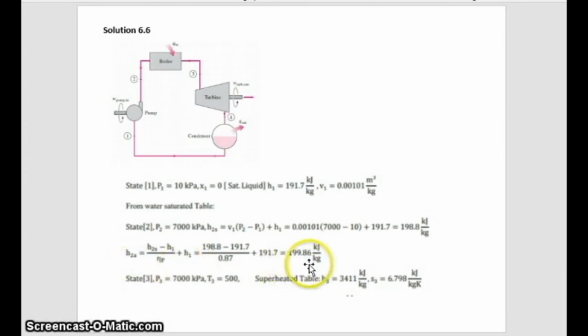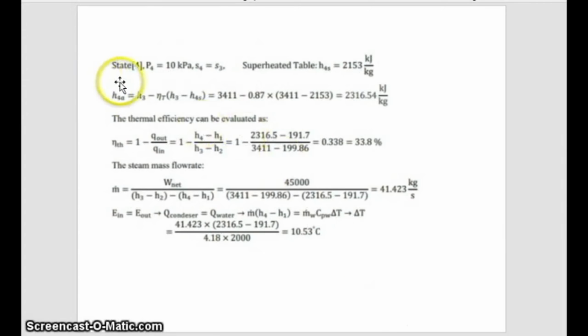That means 199.86 kJ per kilogram. For step number 3, that means for the turbine, we know that it is superheated. So go straight to the superheated table in the property table, and get H3 based on the pressure value and also the temperature value. You will get H3 and S3. For step number 4, P4 is 10 kilopascals. This is given to you, but you know that S4 is equal to S3.